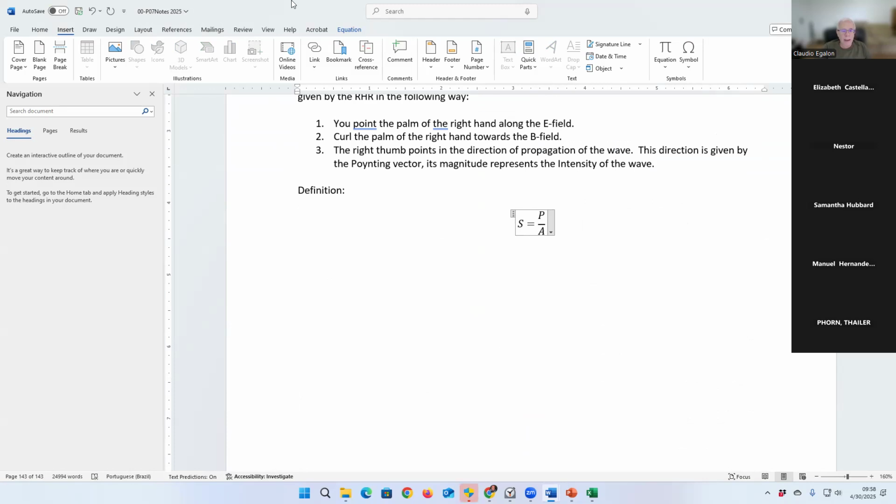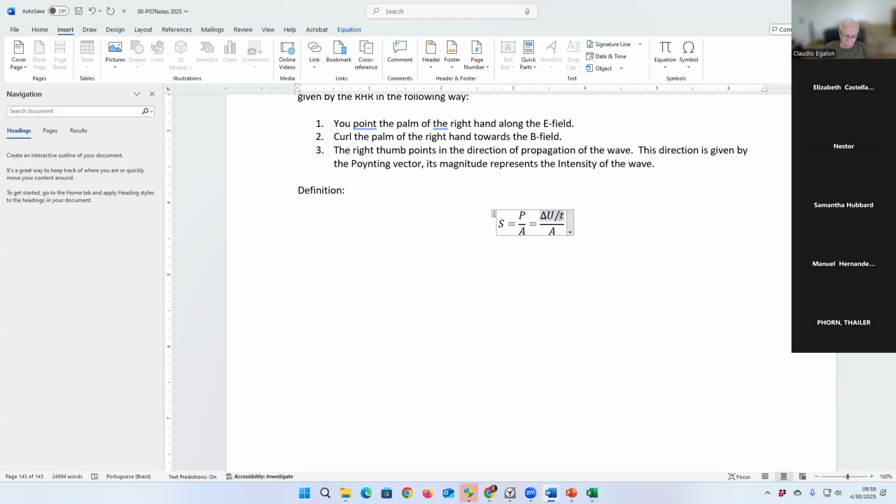And let's not forget that the power is the energy per unit of time. I'm going to even put a delta U over delta T, okay?